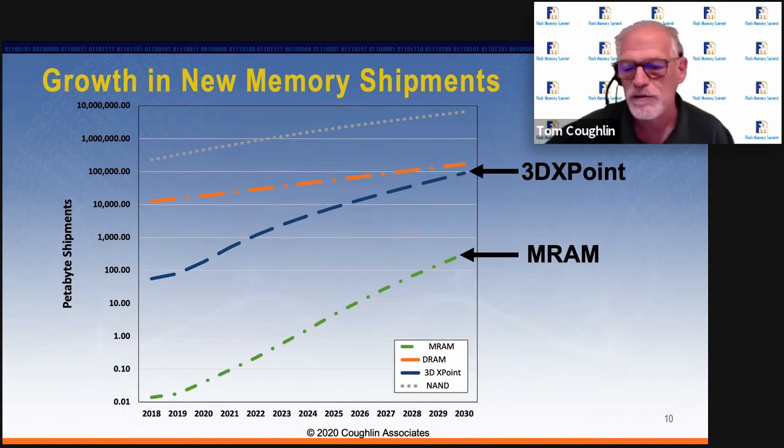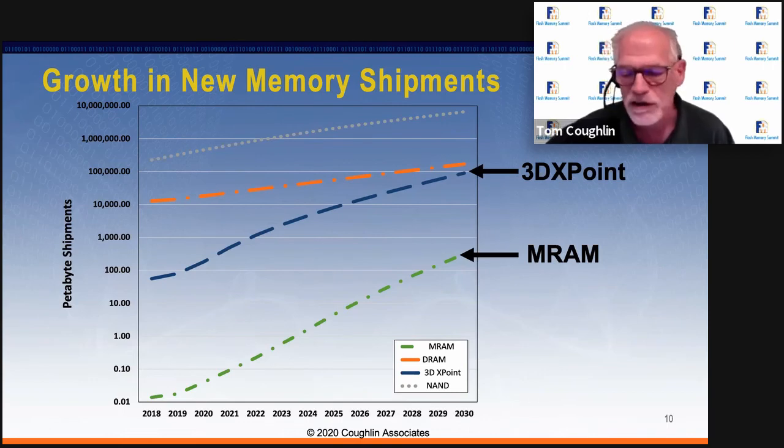And this chart comes from a recent report that Jim Handy and I published, called Emerging Memories Find Their Direction. The total emerging memory market, MRAM plus 3D XPoint, could exceed $36 billion by 2030. This chart shows how petabyte shipment growth could drive that number. It also compares the current and projected capacity shipments for the next 10 years for various emerging non-volatile memory technologies versus DRAM and NAND.